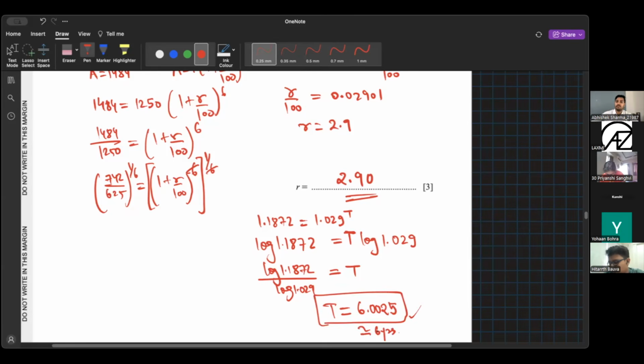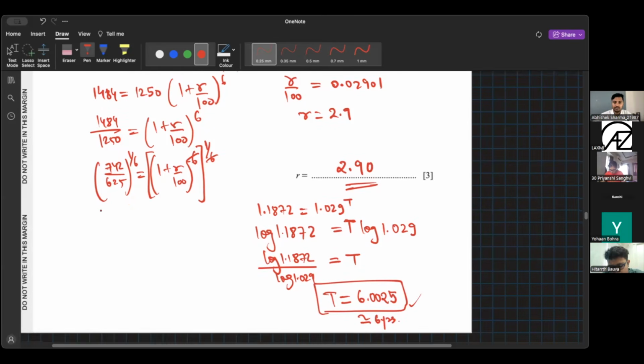Sir, other log it will be 1.092 and in the answer it will be 1.18. Because I'm actually getting the answer as 1.75. Wait, log 1.029 and here log 1.1872. This is what you have to do if you want to use the other log.